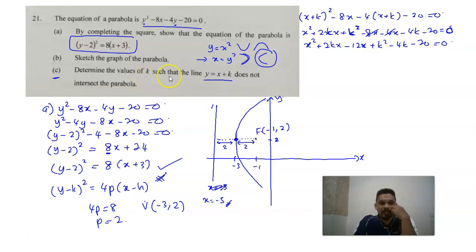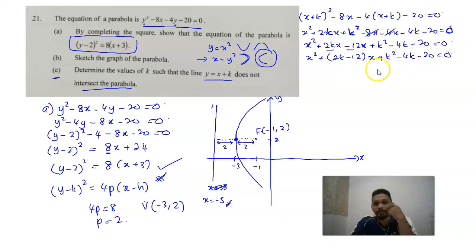Okay, so determine the value of k such that this line does not intersect the parabola. So x squared plus (2k minus 12) multiplied with x plus k squared minus 4k minus 20 equal to 0.